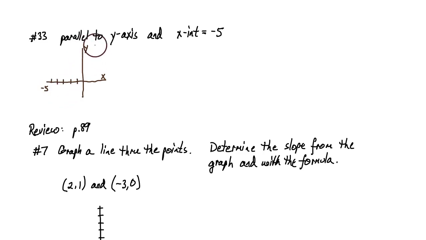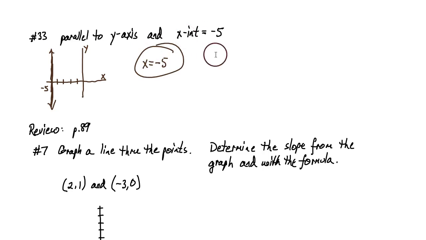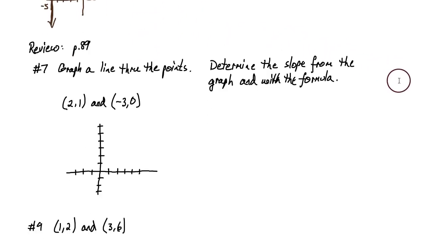We have a line that's parallel to the y-axis and crosses the x-axis at negative 5. That's this vertical line. Remember that vertical lines are special cases. Their equation only has the letter x in it. And every dot on that line has an x-coordinate of -5. There's our equation.